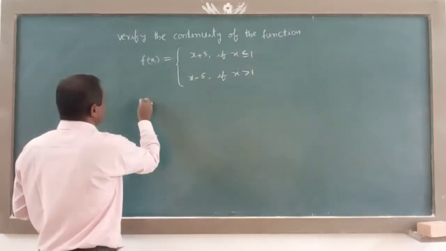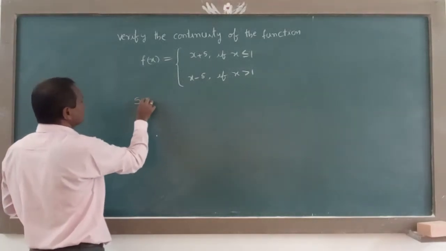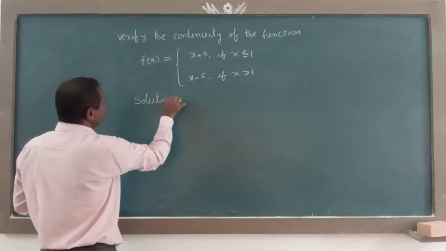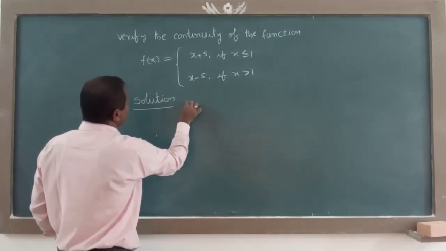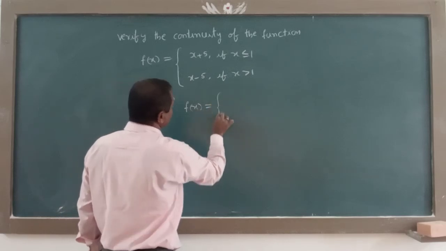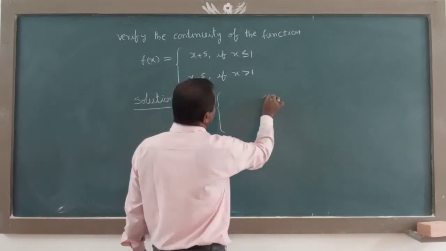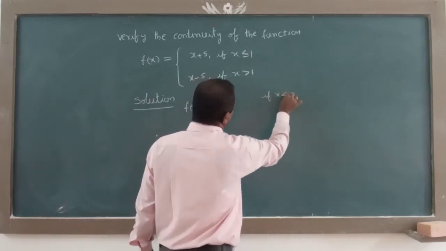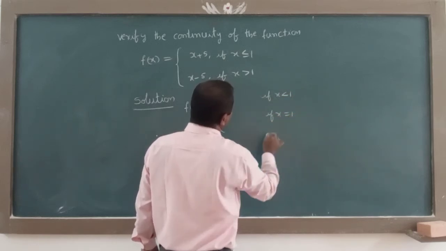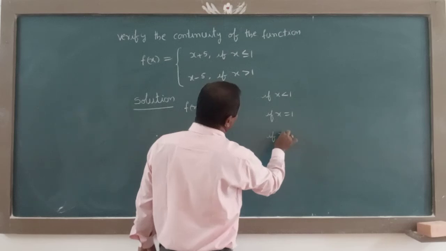Solution to this question. The given function f of x is equal to: if x is less than 1, which function? If x is equal to 1, which function here? And if x is greater than 1.